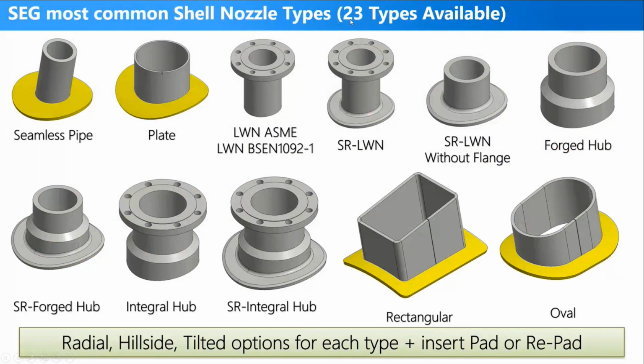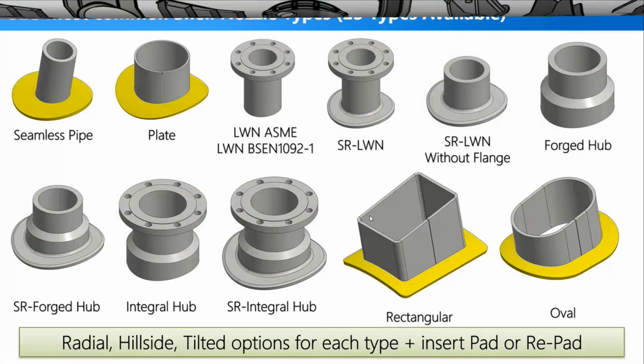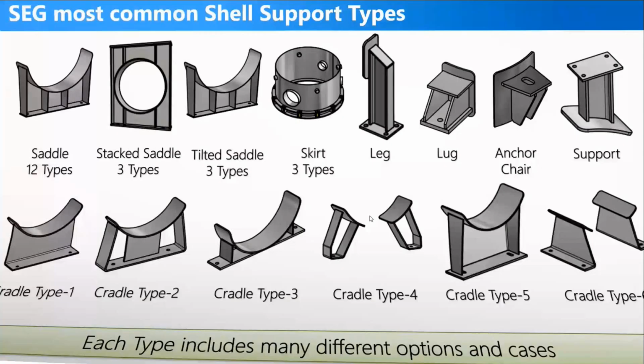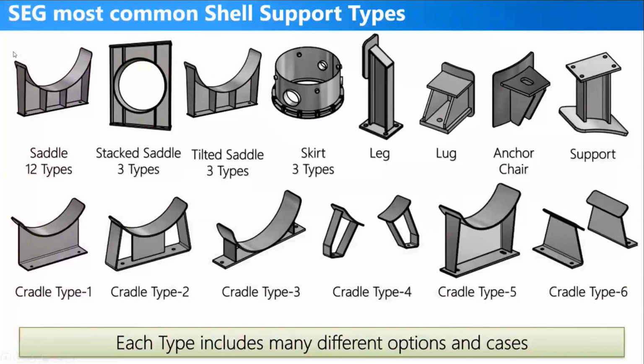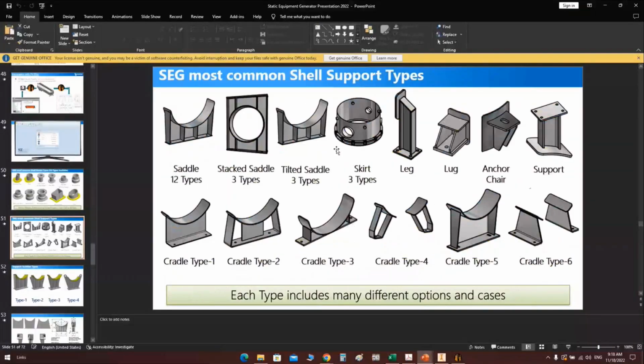We have more than 23 types available on the shell, and those are the most common types. Different types of supports, like saddles. As we mentioned, the saddle includes 11 types of saddles, like stacked saddle, tilted saddle, skirt. Each of those types includes other types.